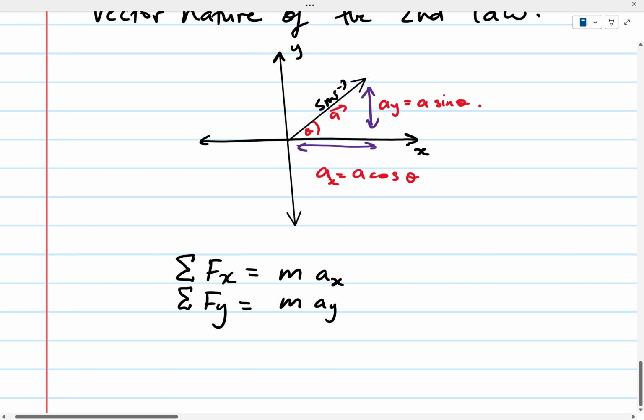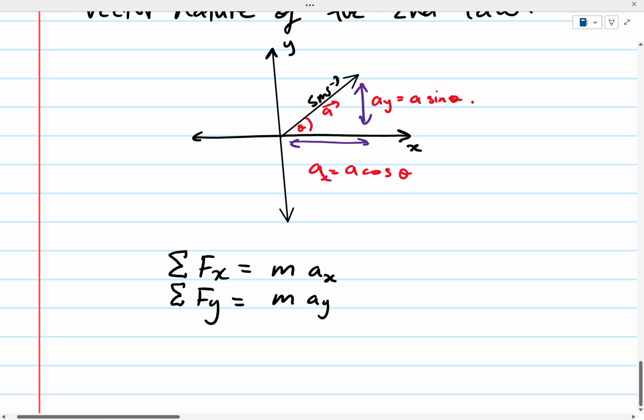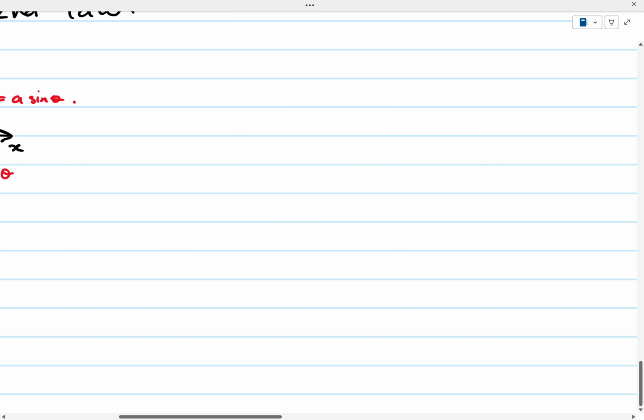So let's have a look at something interesting, a scenario. Hold on, let me open this textbook. It should be on page 94 actually.